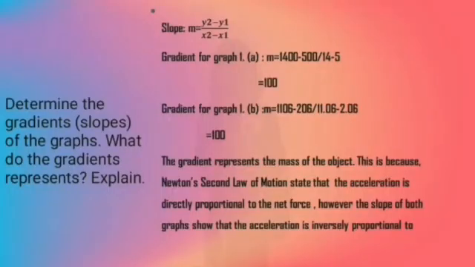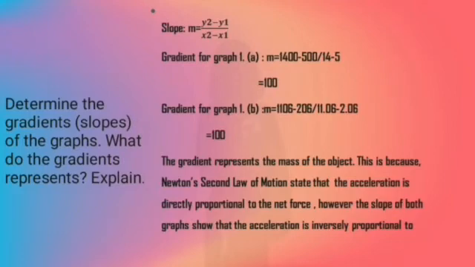For question number 4, determine the gradient or the slope of the graph. What do the gradients represent and explain? For this question, we use the gradient formula, which is m equals (y2 minus y1) over (x2 minus x1).